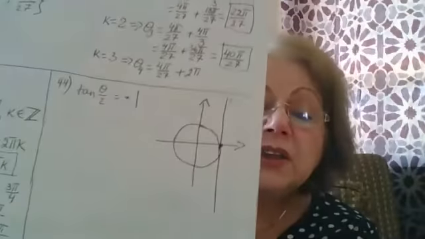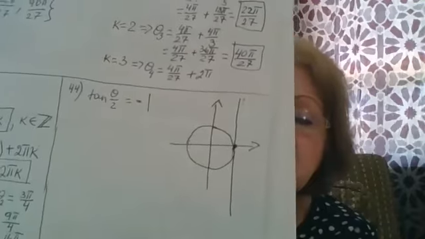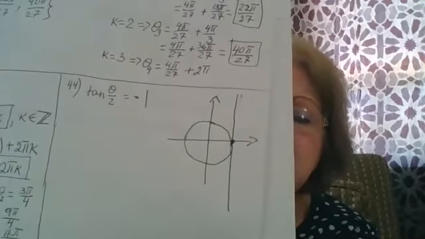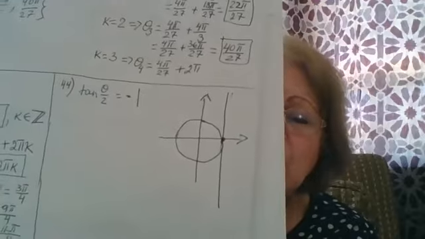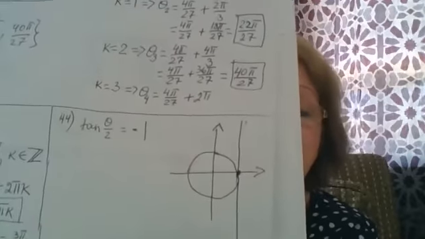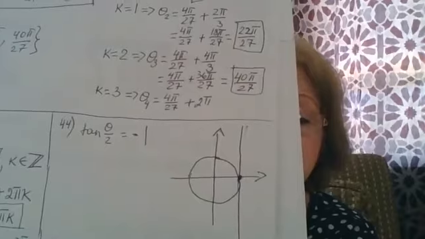Look what I immediately did. Can you see that line touching that circle? Is it our tangent line, or line of tangents? Is it tangent of theta over 2 equal to -1?